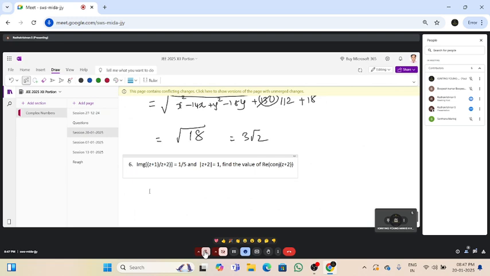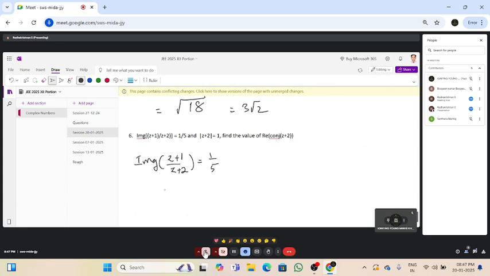Okay. So this problem: the imaginary part of z + 1 by z + 2 is given as 1 by 5, and the mod of z + 2 is given as 1. Then find the real value of z + 2 conjugate.